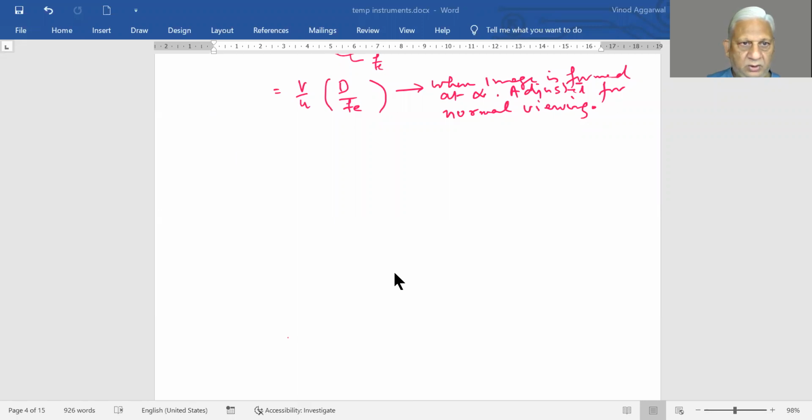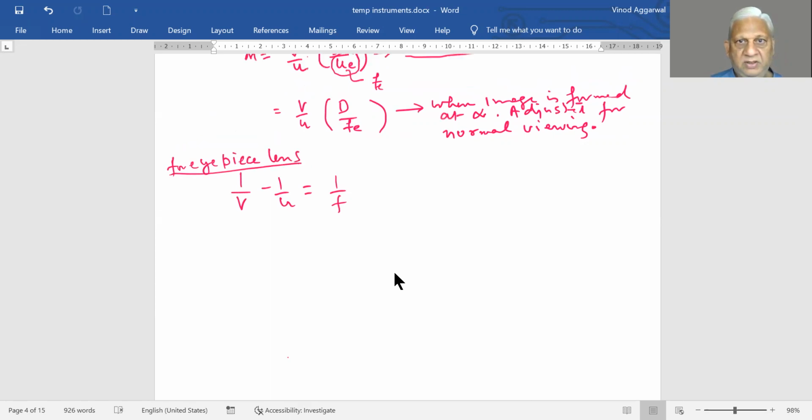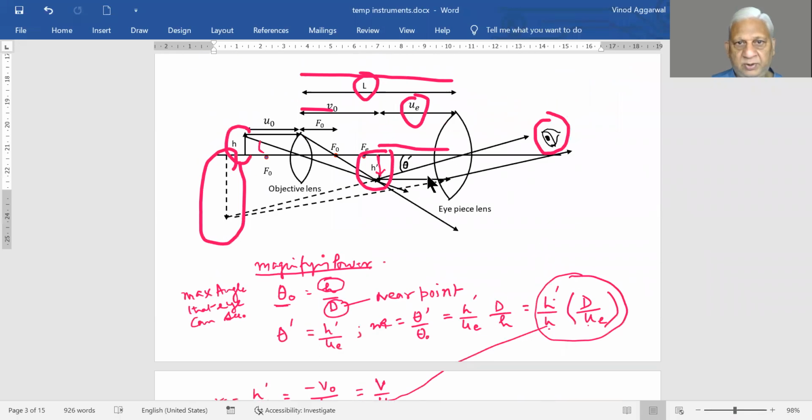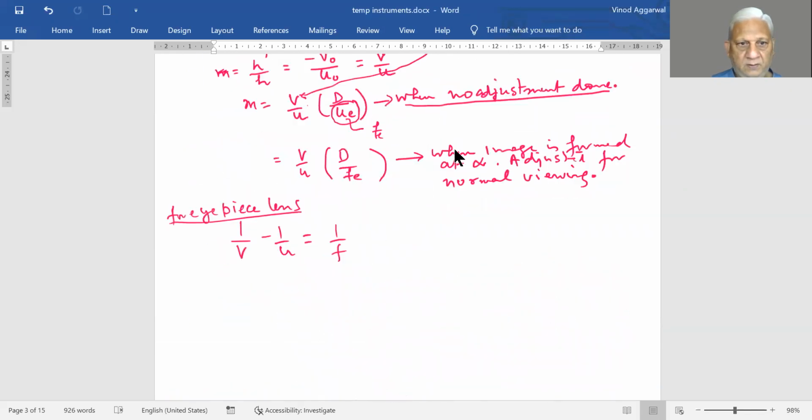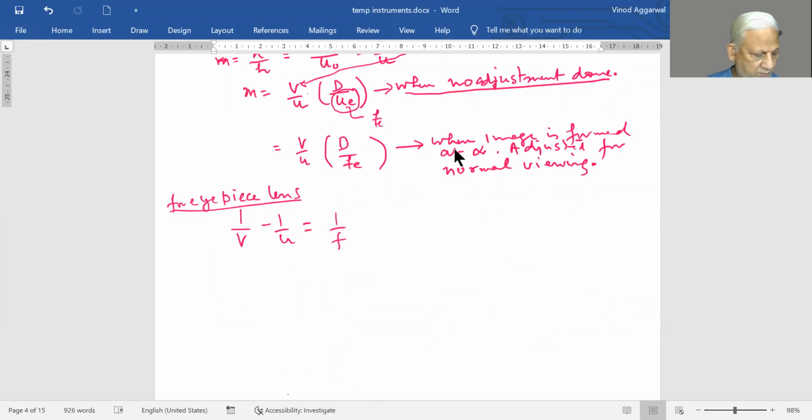If we apply our lens formula to the eyepiece, meaning this particular lens, then as per convention, what is our V?